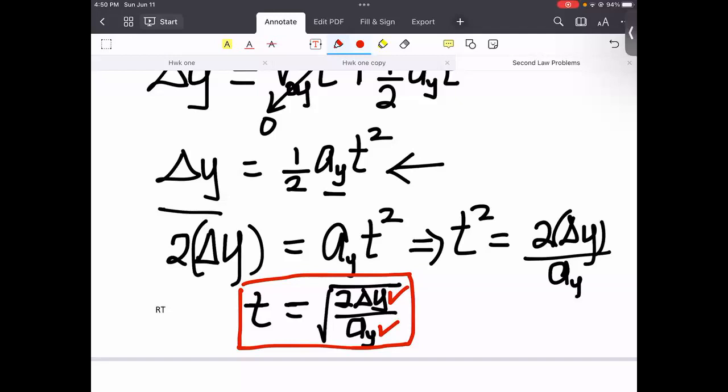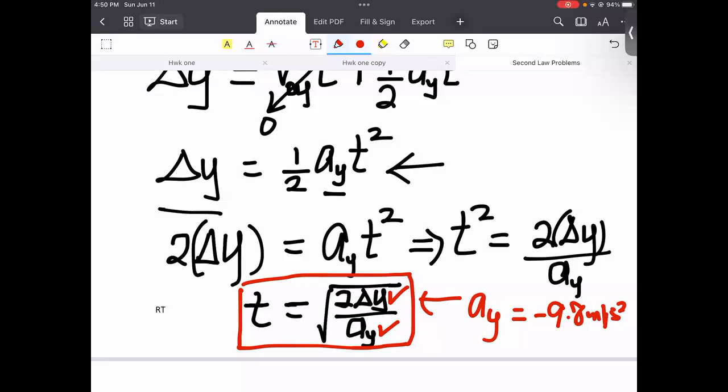Just when you use this equation, remember that a_y will be minus g. a_y usually is minus 9.8, or minus g, meters per second squared. And since you are going downward, the displacement delta y will be negative.